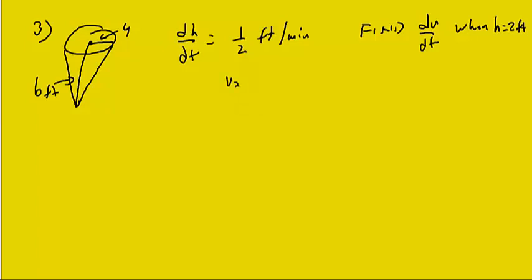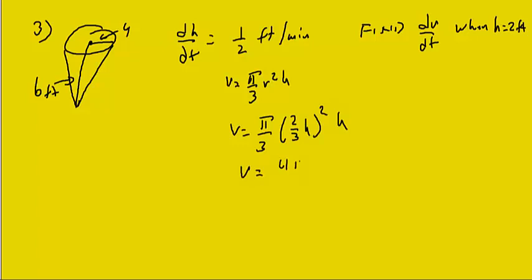Volume is equal to pi thirds r squared h. Again, I need to get rid of the r. We found out from the last problem, r turned out to be 2/3 h. That's quantity squared times h, and that simplified to 4 pi over 27 h cubed.